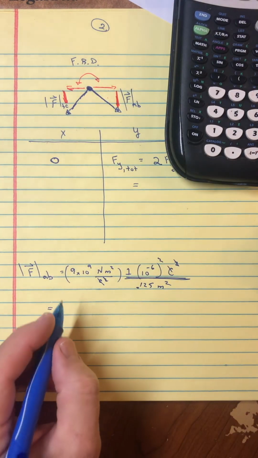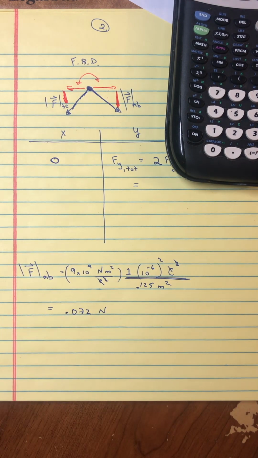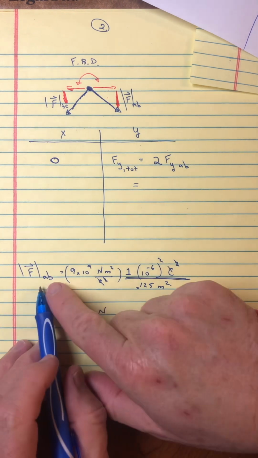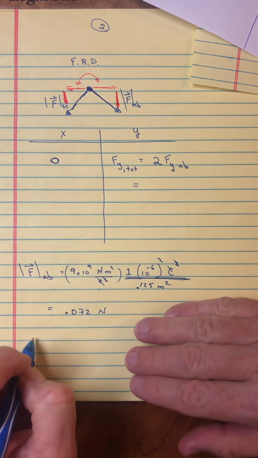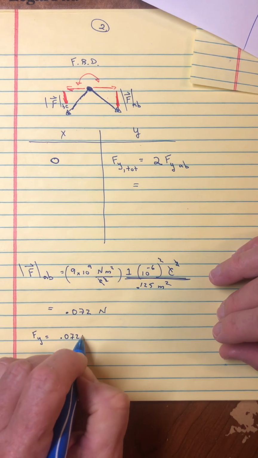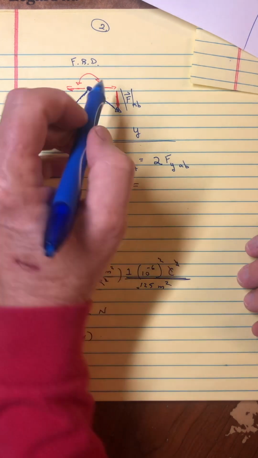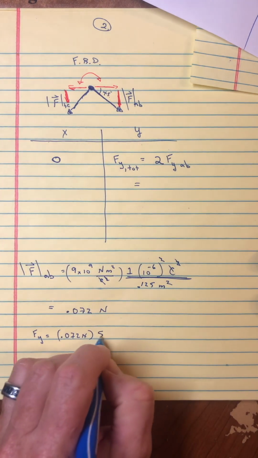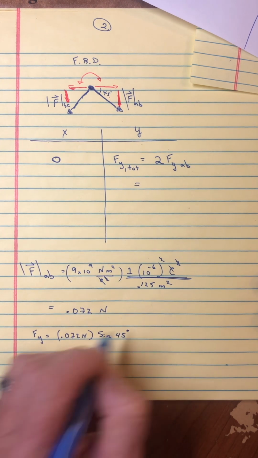And it looks like I get a force of 0.072 newtons when this is all said and done. Now, I don't just want the magnitude of AB, I want the vertical component. So the vertical component would be this number, and then multiplied by, let's see, if I'm looking at this angle of 45, I want opposite, so I'd multiply it by sine of 45.